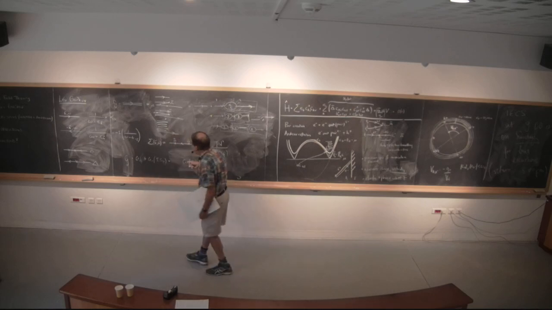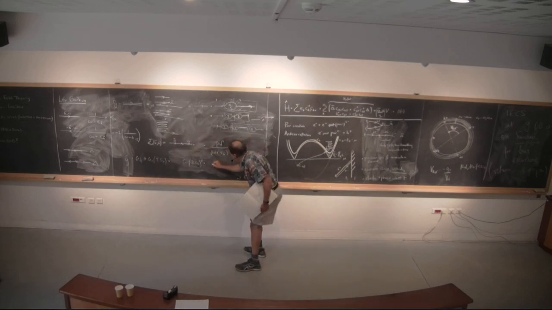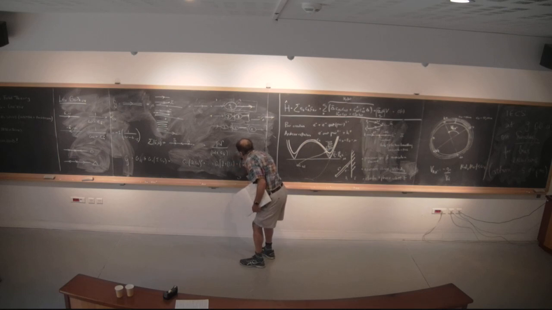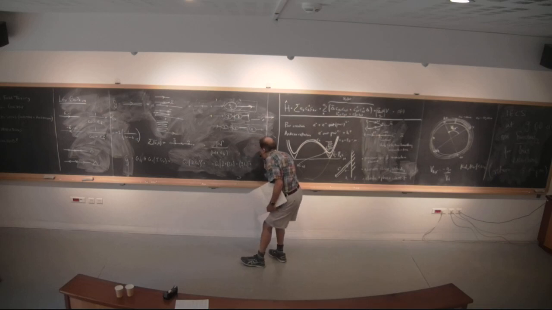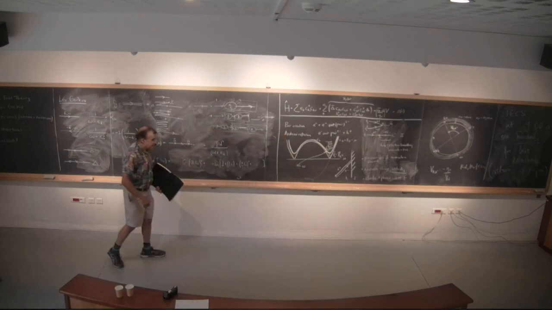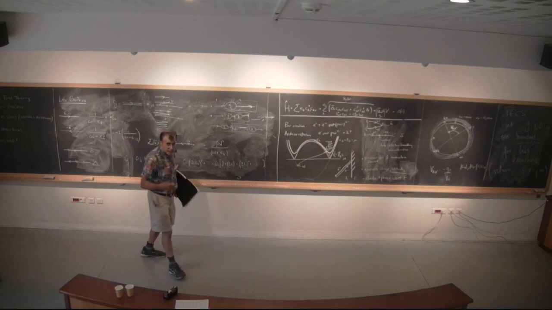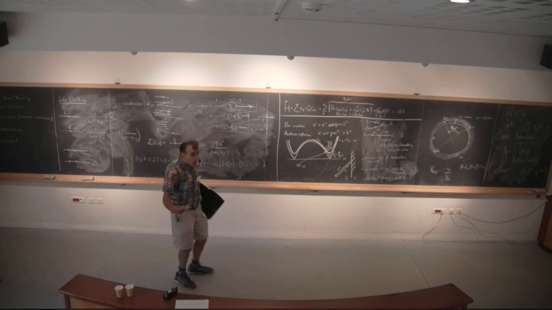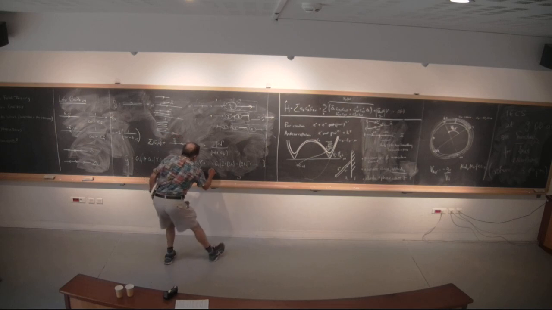In other words, this is G0 times a series, 1 plus sigma G0 plus sigma G0 squared plus blah, blah, blah. Okay? And that's just a geometric series. 1 plus x plus x squared plus x cubed is 1 over 1 minus x. And so we can write this.